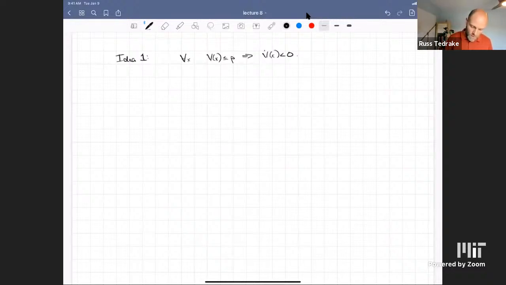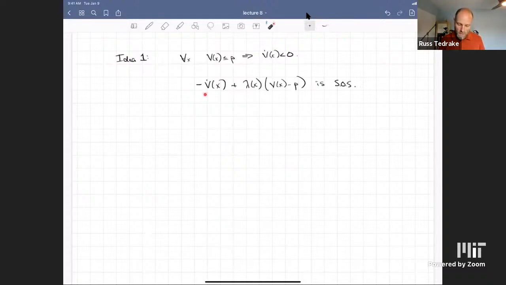If I were to use the S procedure to write this, then I want to write negative v dot of x as a sum of squares, but in order to make it only valid over this interval, I'm going to allow a Lagrange multiplier. Okay, the way you should be thinking about that is that this thing needs to be, so I need to be careful and write.